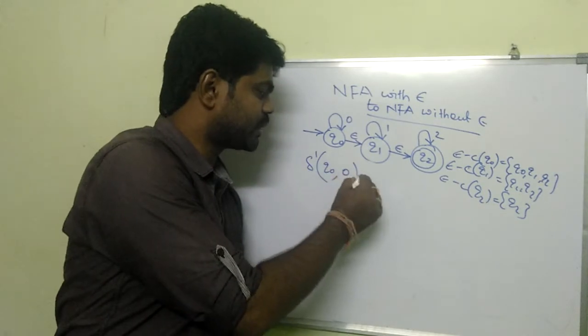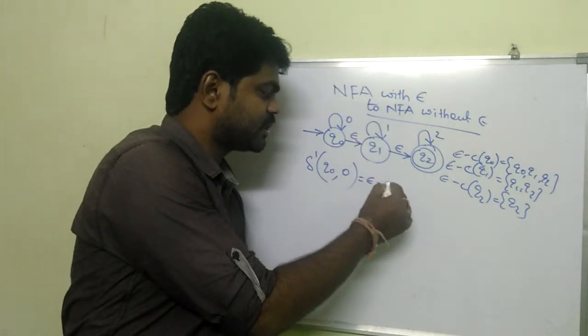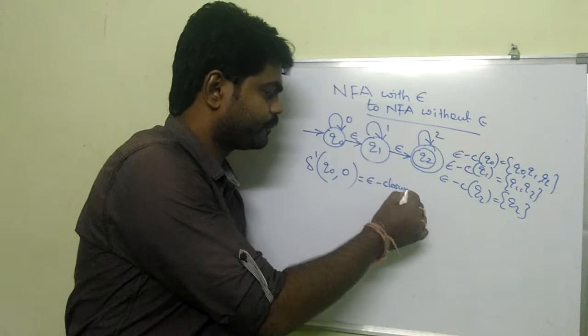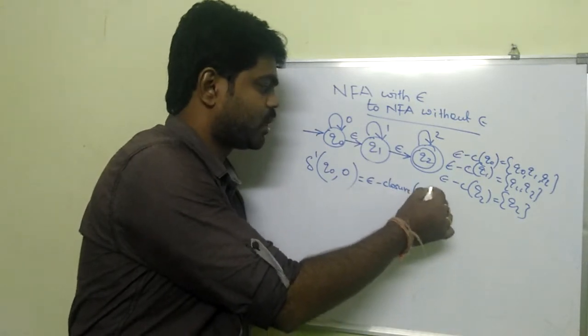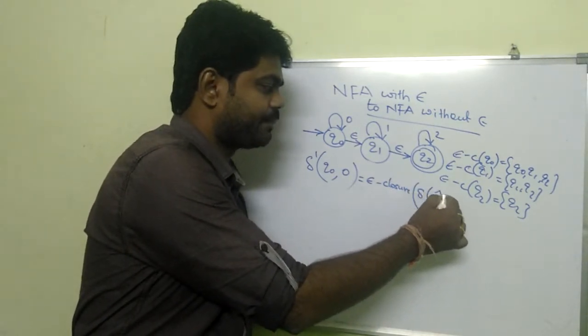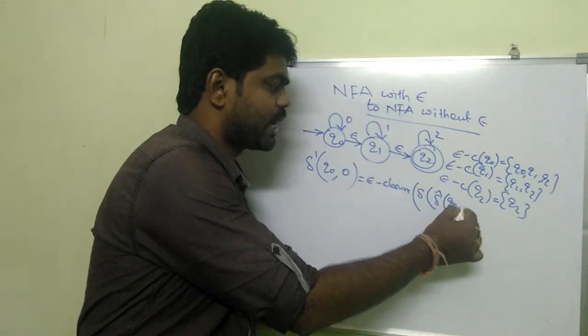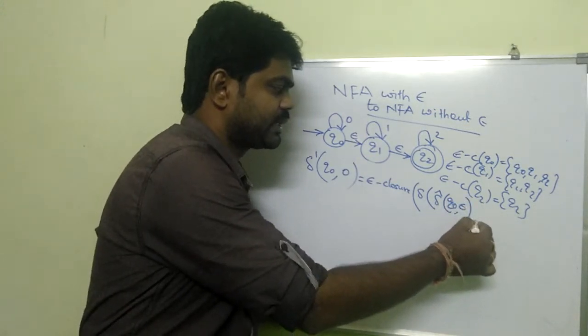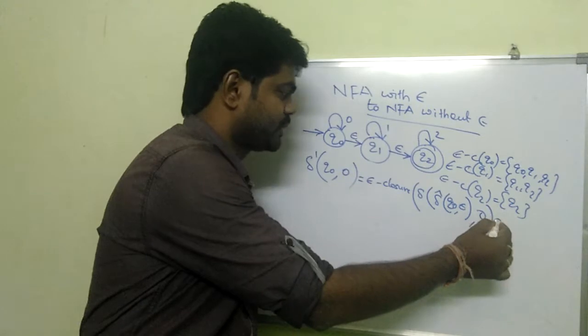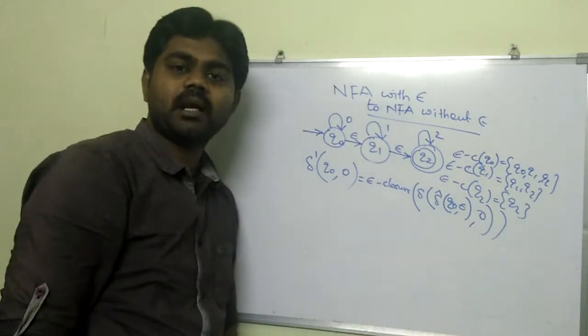So delta dash of Q naught comma 0 equals epsilon closure of delta cap of Q0 comma epsilon comma my input is 0. This is my formula.